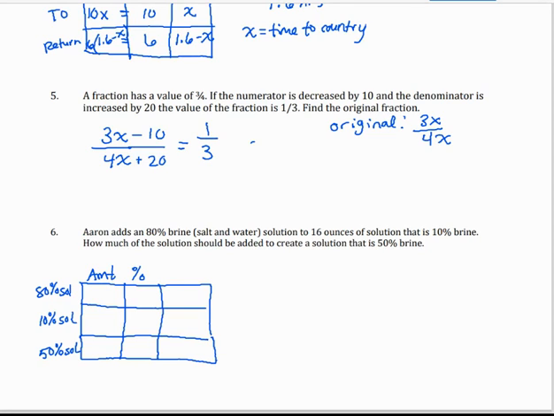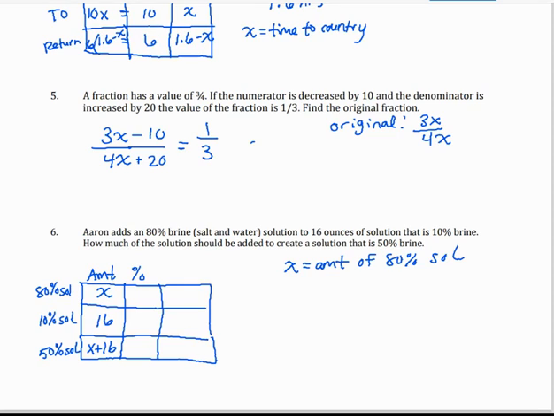So Aaron adds 80% solution to 16 ounces. So we don't know the amount of 80%. So x represents the amount of 80% solution. I know I have 16 ounces of the 10%, and I don't know how much of the 50%, but since I'm mixing them, I know that this will be x plus 16.